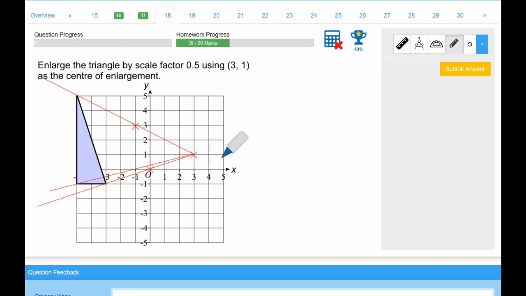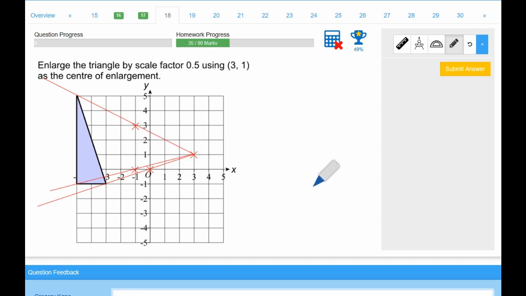And then for this point, let's count 1, 2, 3, 4, 5, 6, 7, 8 to the left. And that's 2 down. Yep, so 8 to the left, 2 down. So that's going to be 4 to the left, 1 down. 1, 2, 3, 4 to the left, 1 down. And that should be just there.